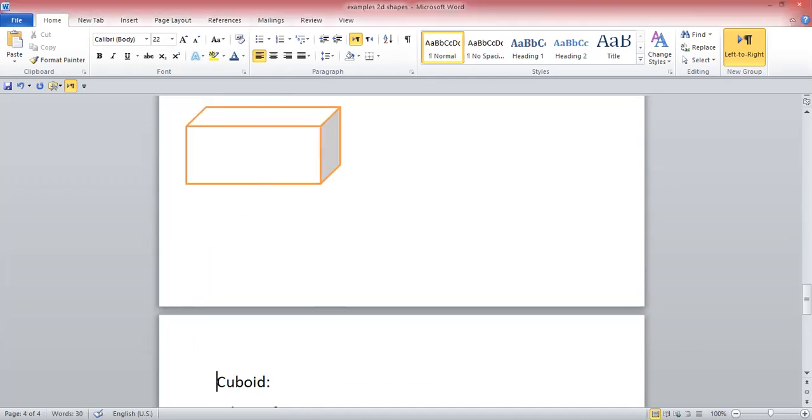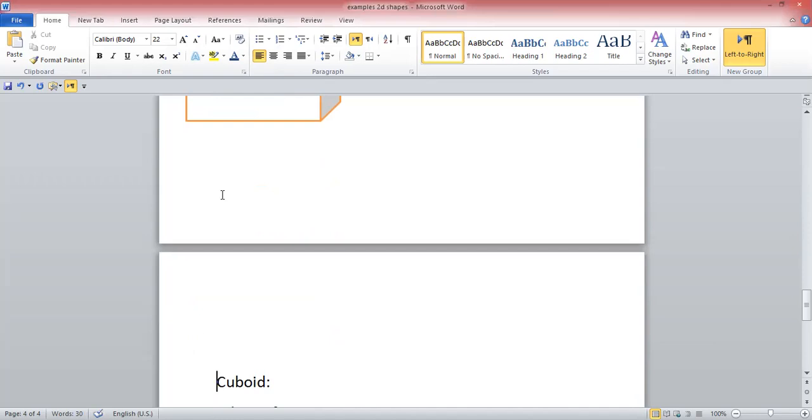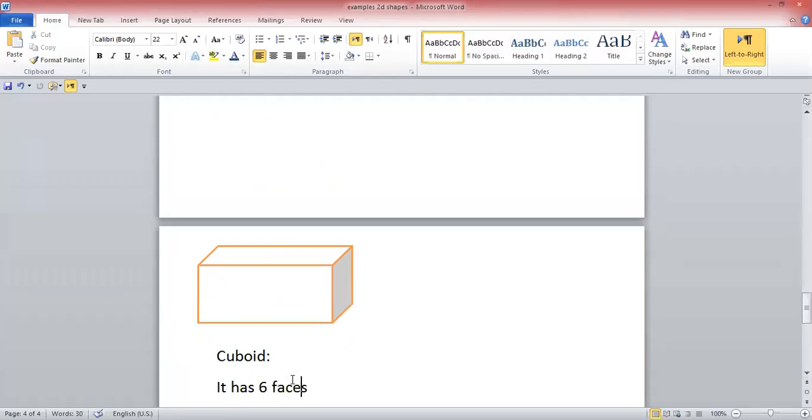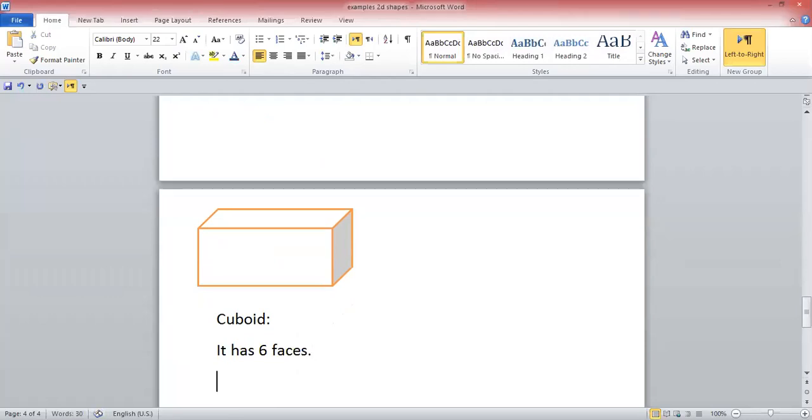So I'm going to write about cuboid. This is cuboid. It has 6 faces. Some of the faces are rectangles. Its faces are not all equal squares.